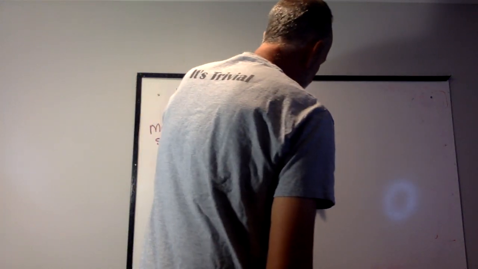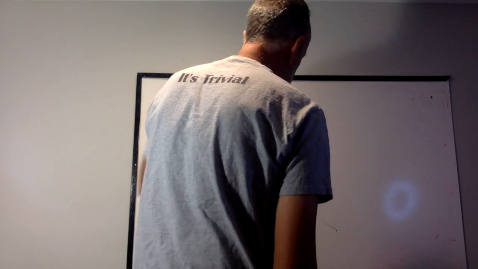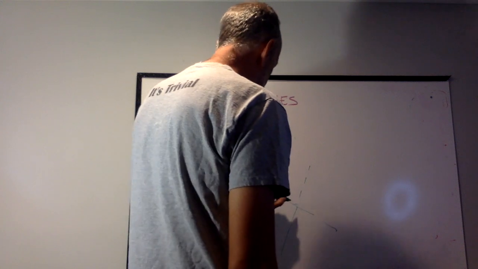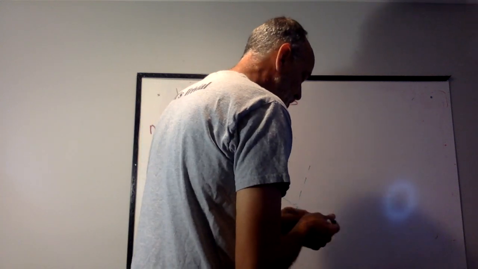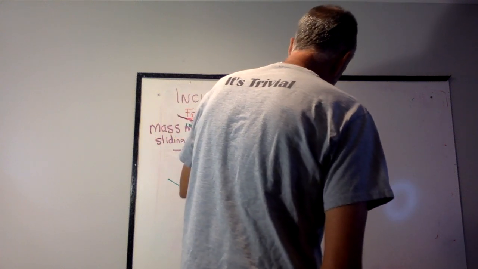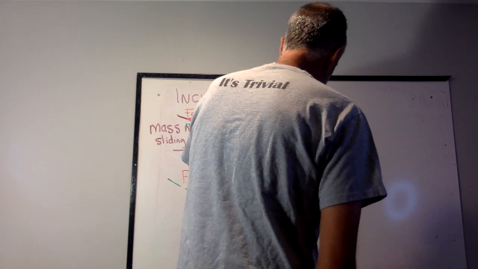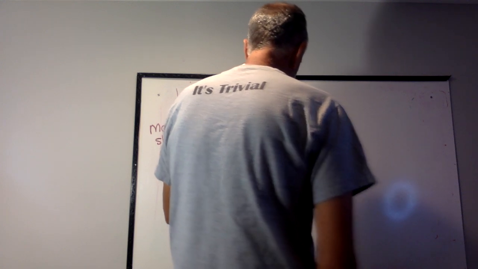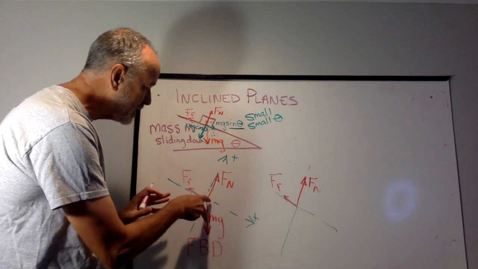Now I want to do my frame of reference. Keep it angled. Keep it so it kind of looks like that. Now, I've got normal force. Let me use a different color. I've got the normal force in the same direction it was. I've got friction in the same direction it was. But now I've decomposed this.